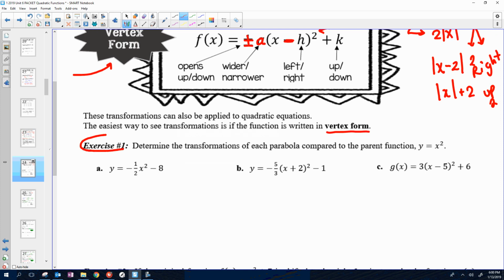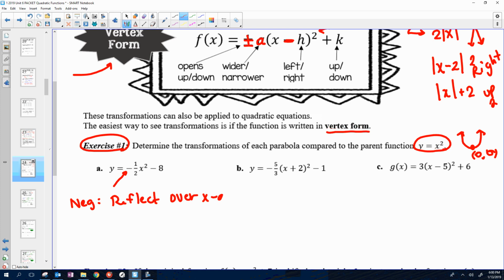In exercise 1, it says determine the transformations of each parabola compared to the parent function x squared. So we're picturing this parent graph centered at 0, 0 with its vertex. Now if we move it by putting a negative in the front, the negative is going to reflect it over the x-axis.